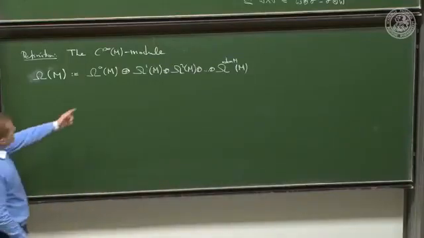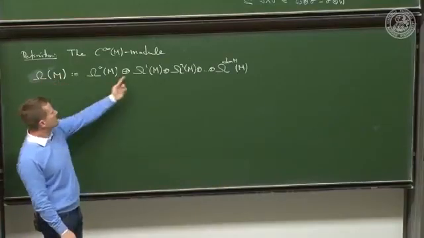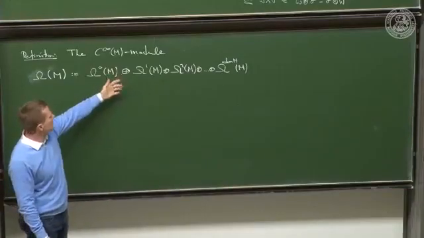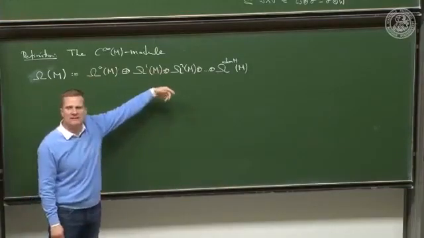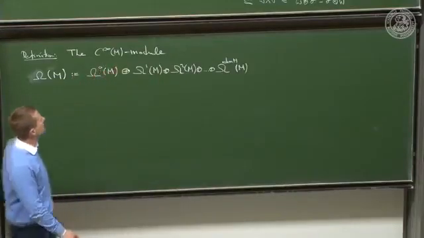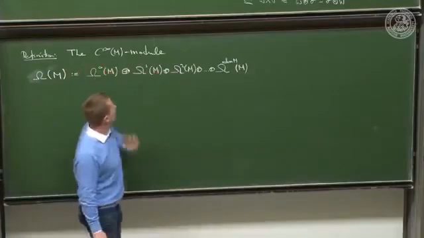I remind you that this sign simply means as a set, this is the Cartesian product, but then you equip this Cartesian product with a component-wise addition, and then we immediately write it like this, and that's why I could immediately write here the C infinity M module, because this is a direct sum of modules.